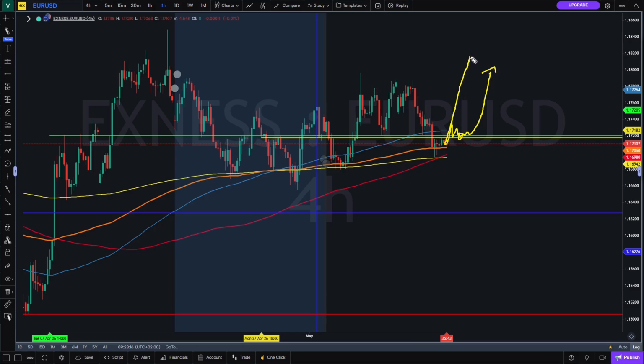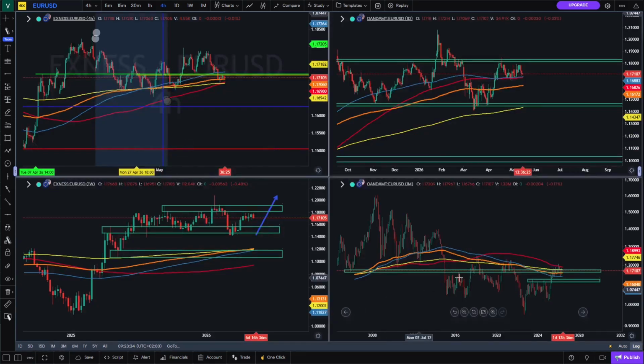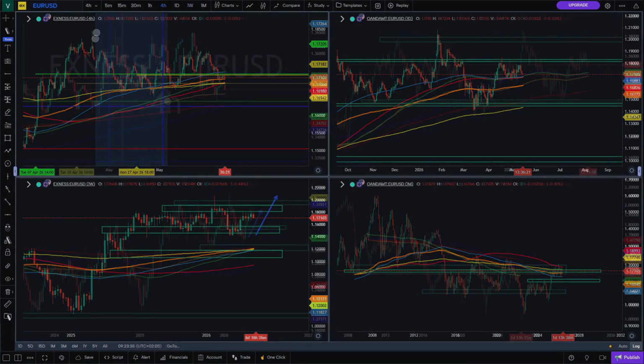If it goes down like this, you know that this is a trap and it will have to come down, and then continuation to the upside is imminent. Now, this is what we are expecting on the 4-hour chart. Let's go straight to the pound and the dollar to see what it has in store for us.